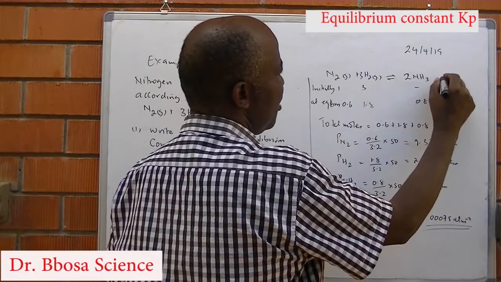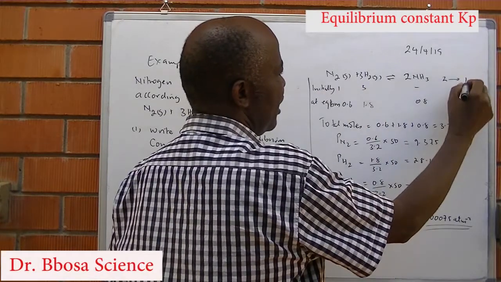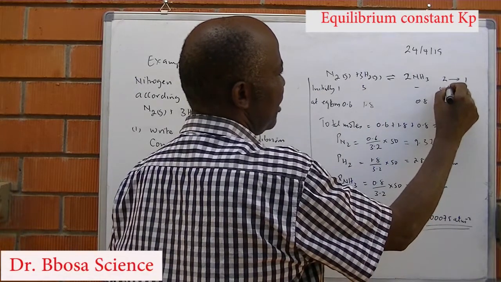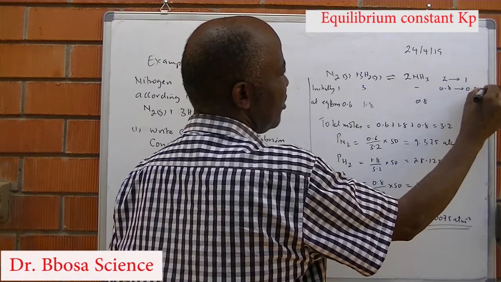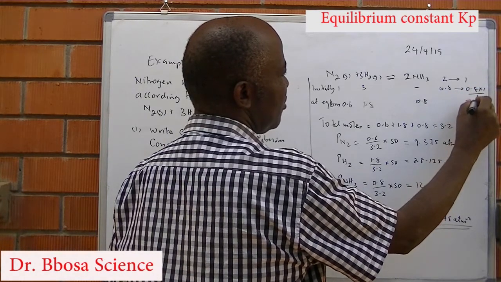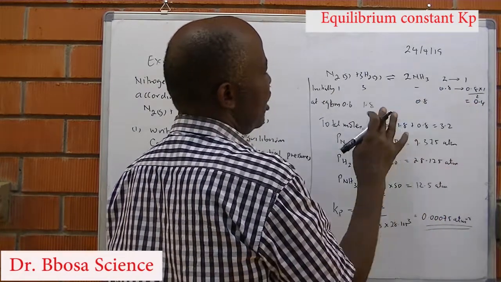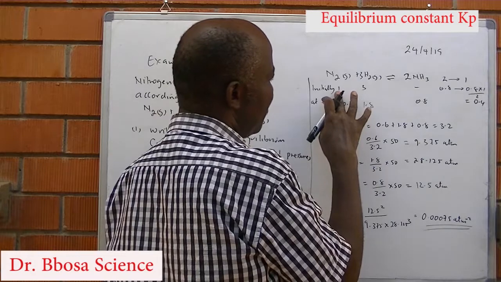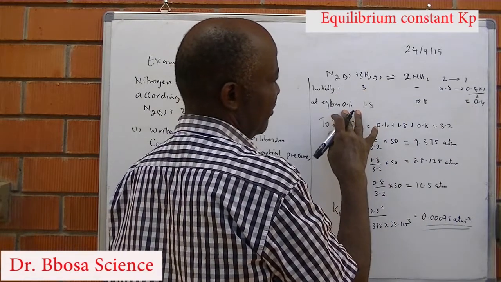We would say that 2 moles of ammonia requires 1 mole of nitrogen. Therefore, 0.8 will require 0.8 times 1 over 2, which is equal to 0.4. When 0.4 react, what remains will be 1 minus 0.4, which is equal to 0.6.